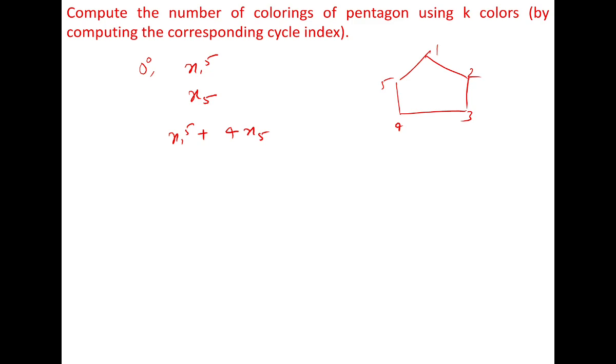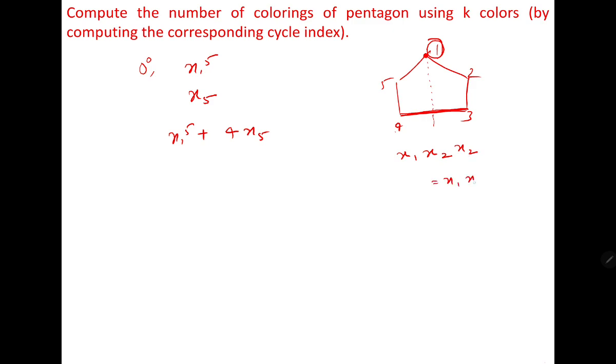Now the important thing is to observe the reflection. For the reflection, I fix one vertex at a time and consider the middle of the opposite side, and then I will do the reflection. So when you do the reflection, this one vertex remains fixed. Because of this, it is x1. In this case, 2 goes to 5, 5 goes to 2, so x2. 3 goes to 4, 4 goes to 3.